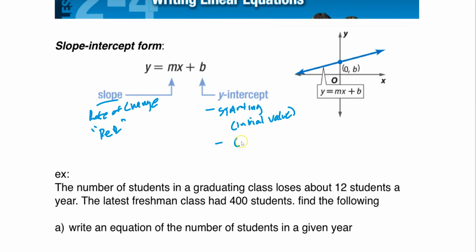Or the constant, right? Like the stuff that you can't get rid of, the one that you're going to have no matter what. So we're going to use these more when we talk about application problems. So there's some right here, just how to graph, and we'll talk about that more in a bit. But right, slope, y-intercept. From your y-intercept, you do your slope.